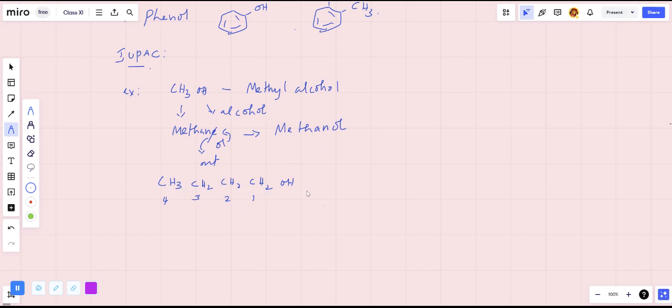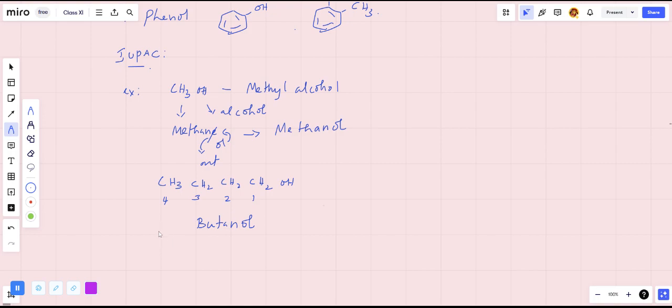Totally there are 4 carbons, so the parent hydrocarbon is butane. This is an alcoholic group, so butanol. So it may be n-butanol or butan-1-ol or butanol. Anything is same, right?